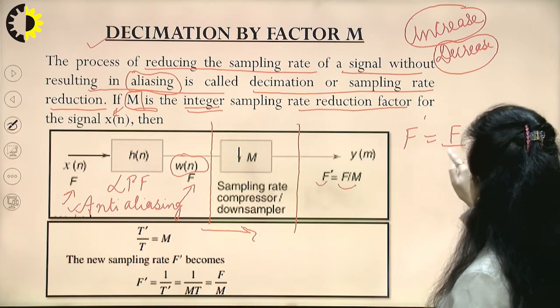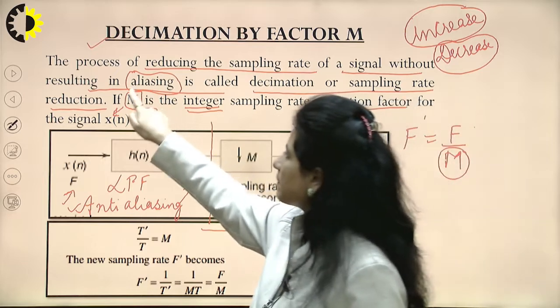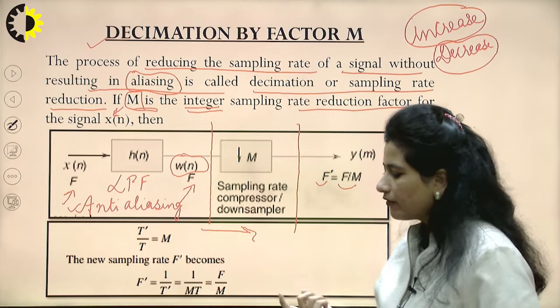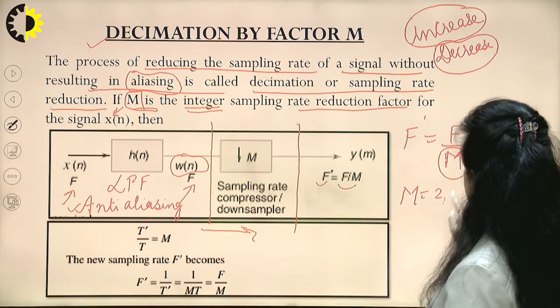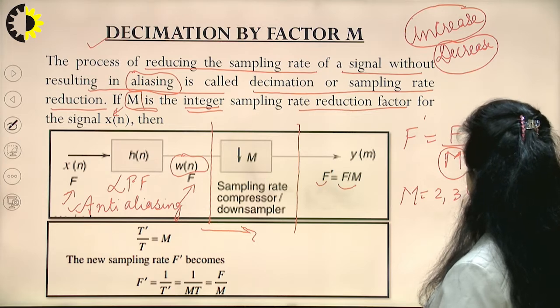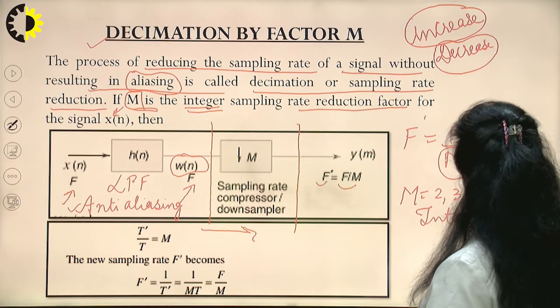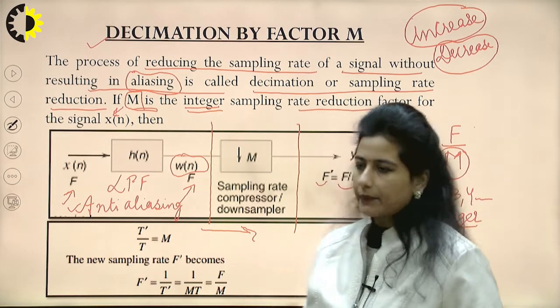I am scaling the given frequency by a value M. This is the same M which I am using here for carrying out the decimation by a factor of M. So this M can be any integer number, 2, 3, 4 and so on, and it has to be an integer. Then only I'll be calling this a process which is directly reducing the number of samples.